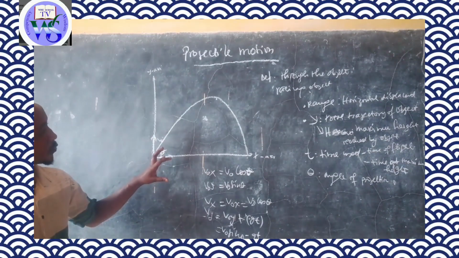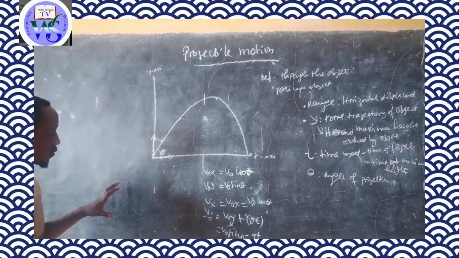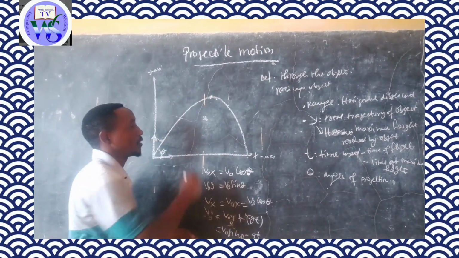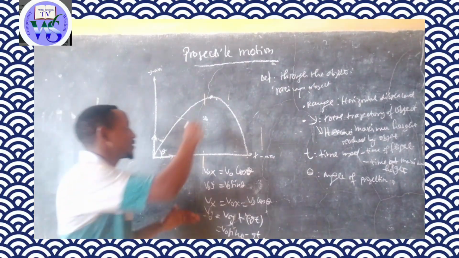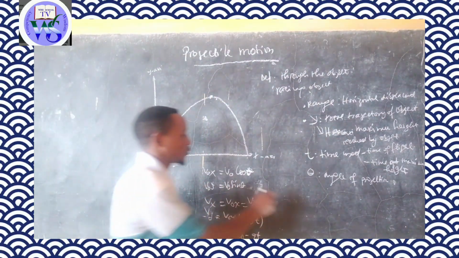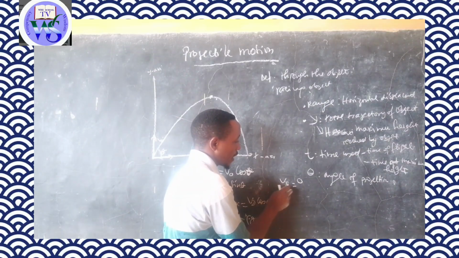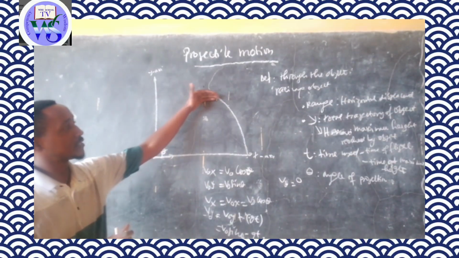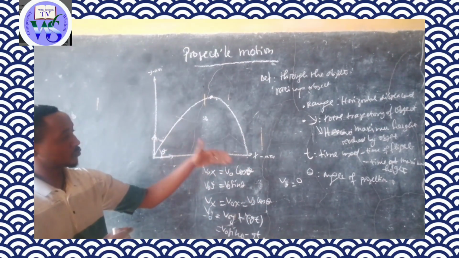How do we find h max? To obtain the maximum height, the velocity in y is equal to 0 at the top, before the object returns back to the ground.